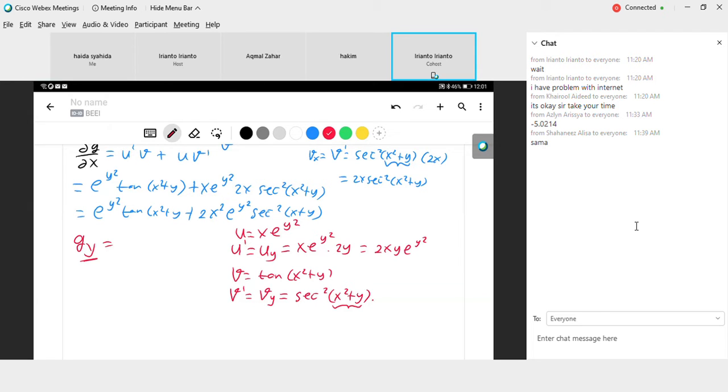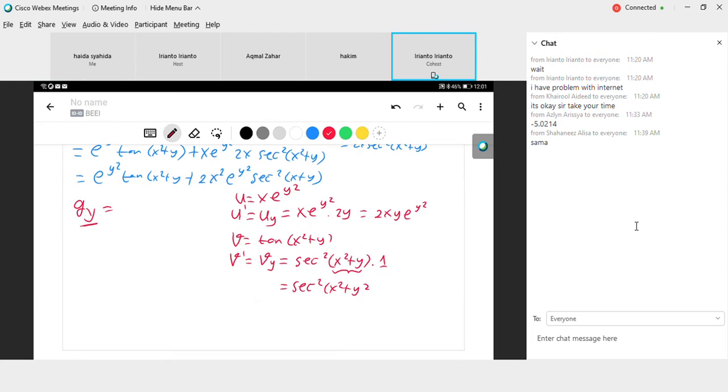So it is multiplied with 1 only, so you just get secant square of (x² + y). You do it by yourself. I can skip the rest for g_y. Just u prime v plus u v prime, simply substitute u prime and v prime and so on.